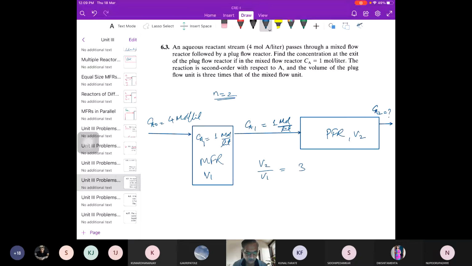You should always be able to translate the problem statement into a block diagram, as we used to do in PC. You should understand what is coming in, what is going out, what is given, what is not given. Is it clear to all?